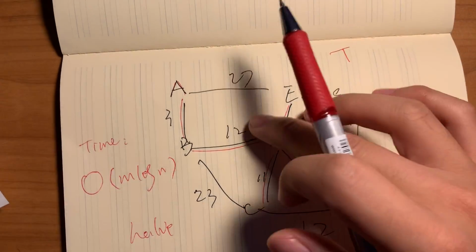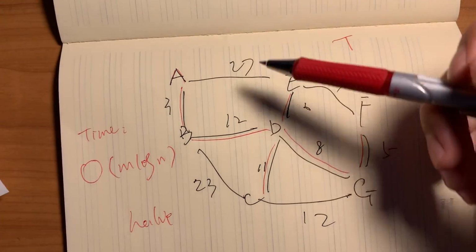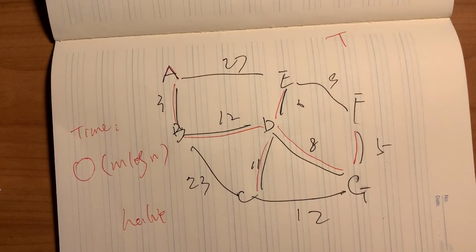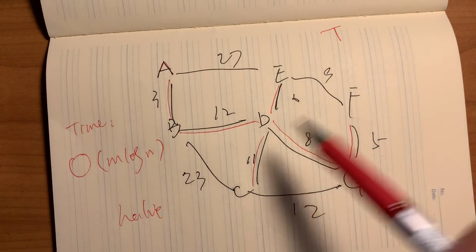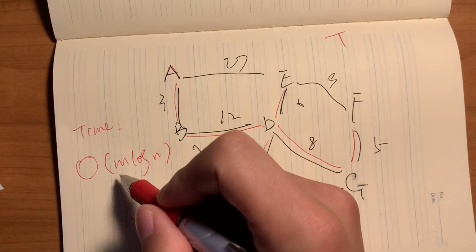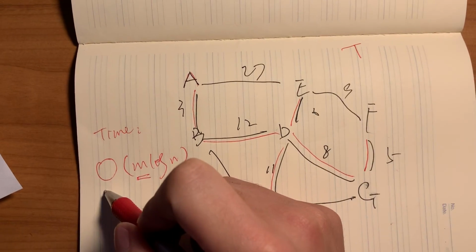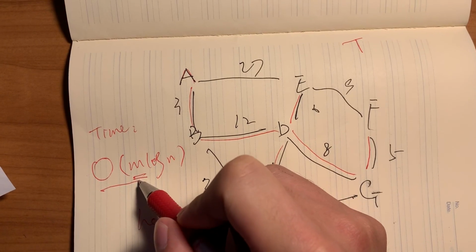And because we have to go through every edge, and under the loop we locate every component, we have to multiply by the number of edges. So the total time complexity is m times log n.